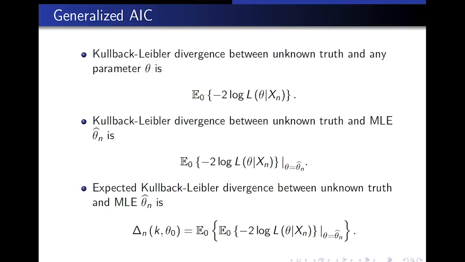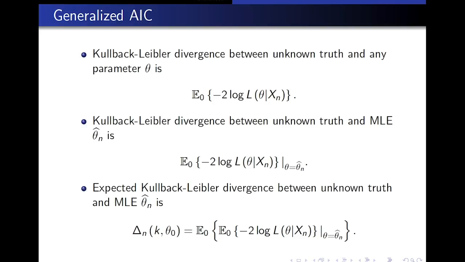Then the Kullback-Leibler divergence between the unknown truth and the MLE is found by simply substituting in the MLE for the arbitrary parameter. Then finally, the thing that we're interested in, which is the expected Kullback-Leibler divergence, is the expectation under the truth of this quantity.